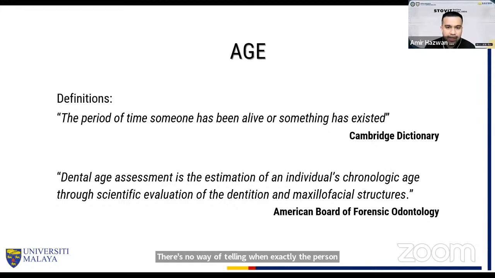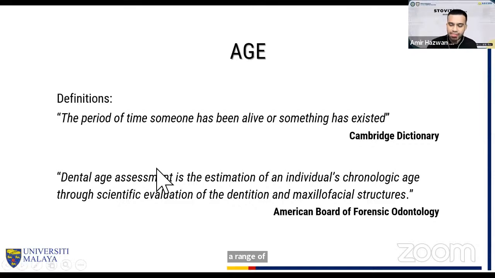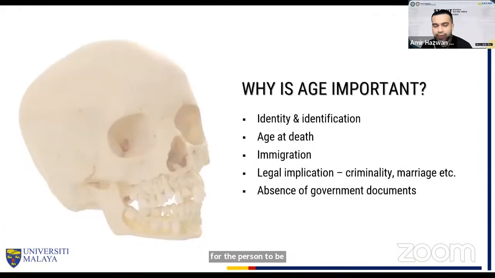And different people have different biological differences. So this is why we only give an estimate, a range of dates or ages for the person's age to be identified.